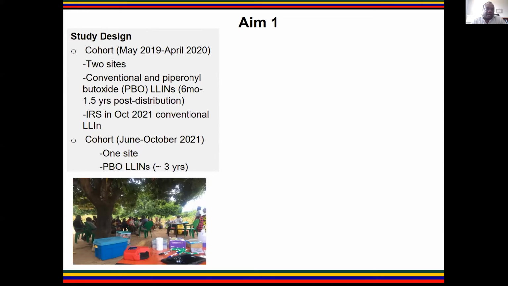Because of that, when we re-engaged the cohort, we excluded follow-up in that site, and we only concentrated on where the PBO bed nets were deployed, and we had a short follow-up of about 4 months. Basically, the idea was to follow the bed nets up to the end of their lifespan. The policy then in Malawi was to distribute bed nets nationally every 3 years.